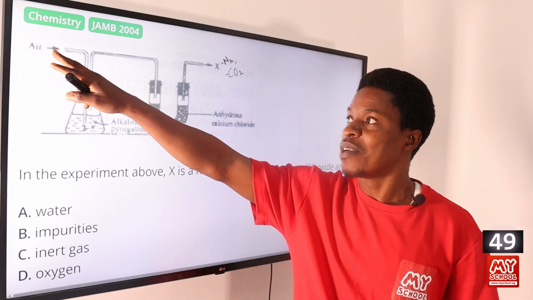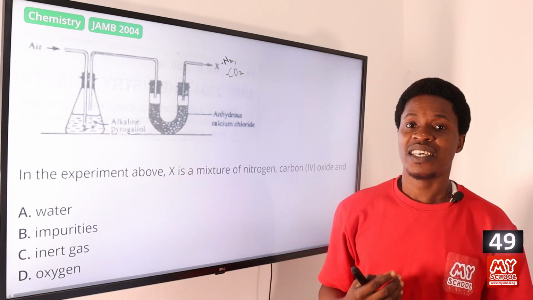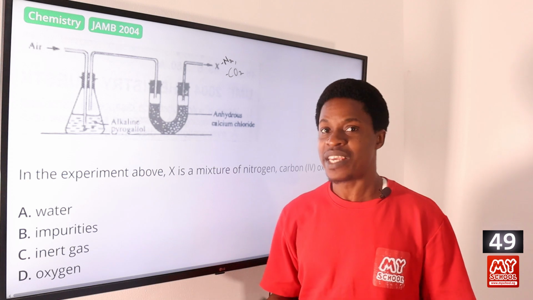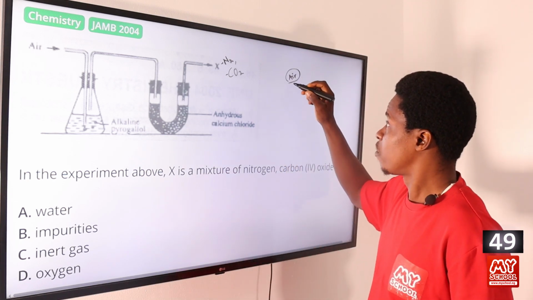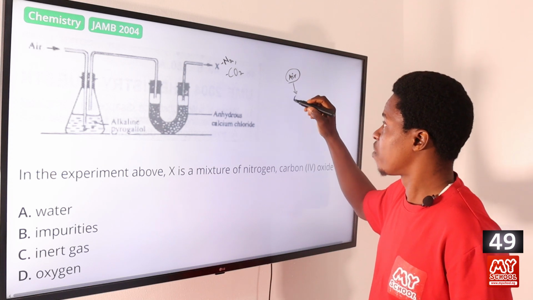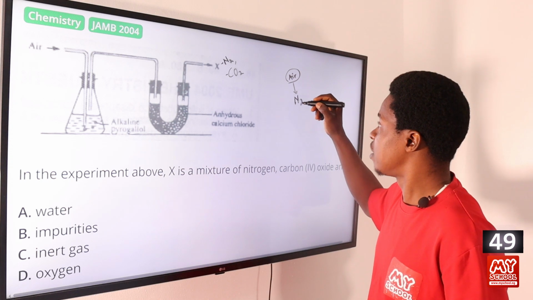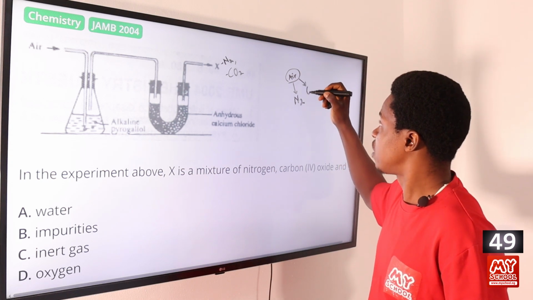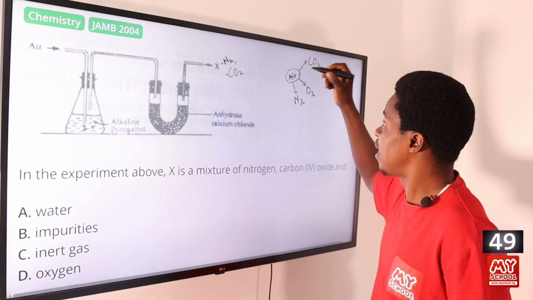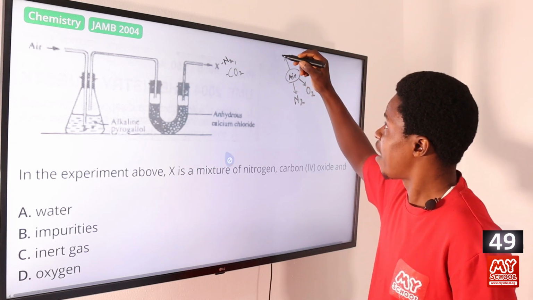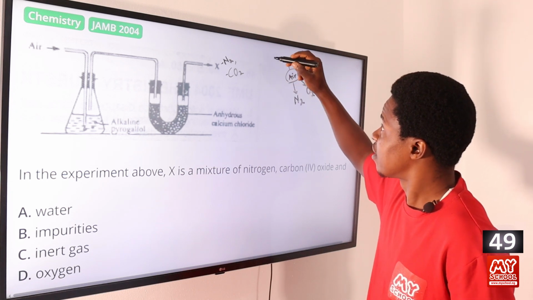When we have air coming in here, you recall that air is said to be a mixture of gases, right? So first, with the highest percentage, we have nitrogen, we have oxygen, we have CO2 inside the air, we have argon, or let's just say rare gases.